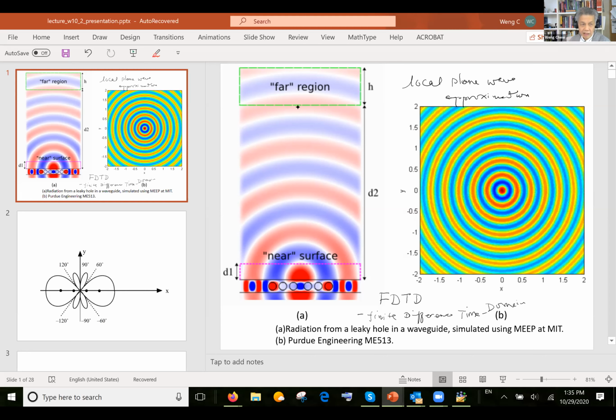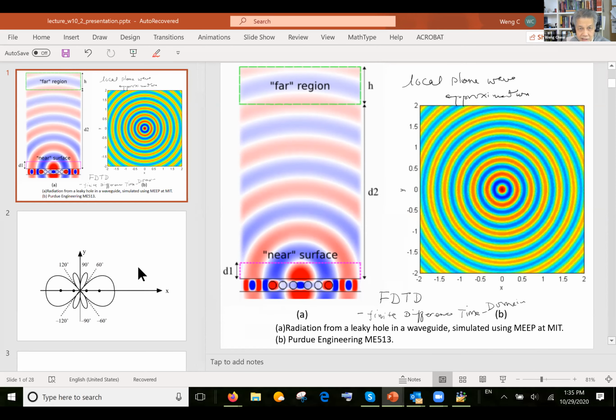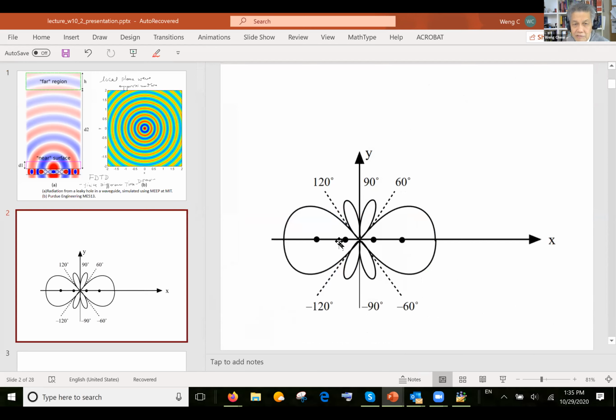Okay, and so because of that, you can actually, as we said before, study the radiation pattern from an array of antennas. For this case, we put a 5-element array here. I think we have 5 elements, or 4 actually, just 4 elements, I'm sorry. And then you can calculate the far field.